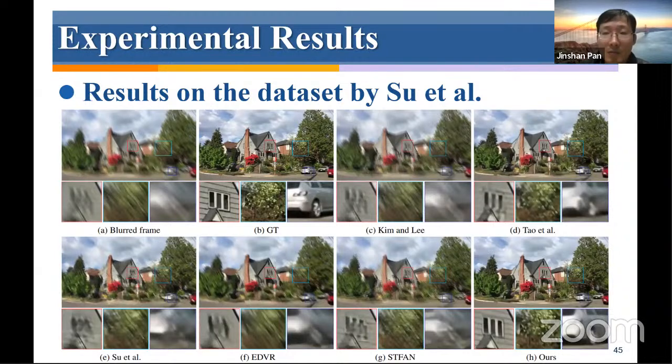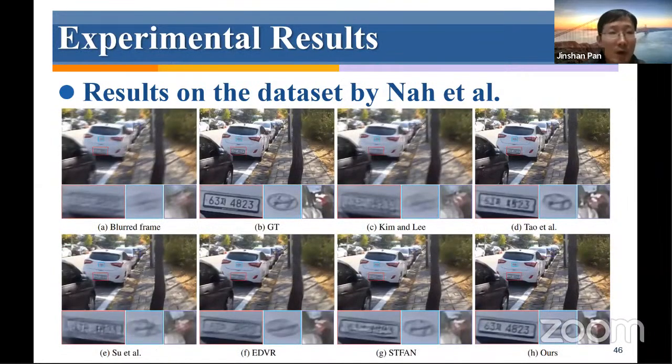And here are some comparisons. And we can see that our method is able to generate a much clearer image with fine detailed structures, and other evaluated methods do not effectively remove the blur. And here are other comparisons.